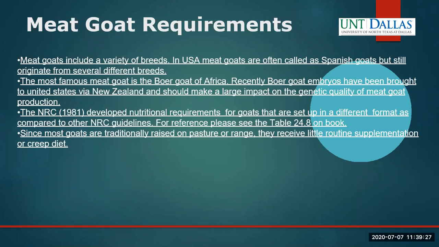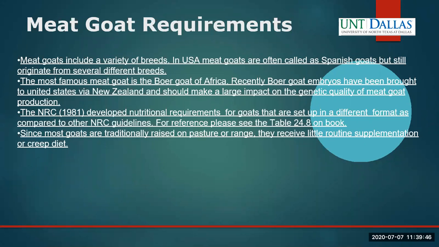The National Research Council in 1981 developed nutritional requirements for goats that are mostly set up in a different format as compared to other NRC guidelines. For reference, you can see table 24.8 in the book. That will give you some idea about those nutritional requirements for goats.